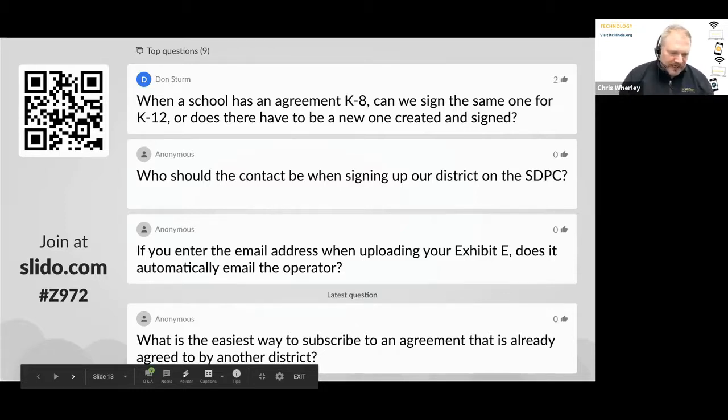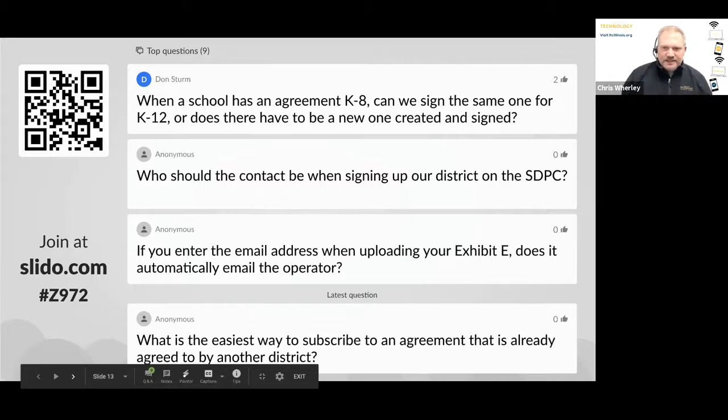So I would say make that initial request, and then if that's not the right person, you can always change that information as the account information, or you can add other users as needed. The only ones that really need access are those that are going to be uploading and inputting agreements into the database. It doesn't necessarily have to be the person that signs the agreements.